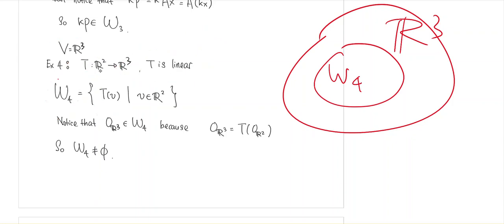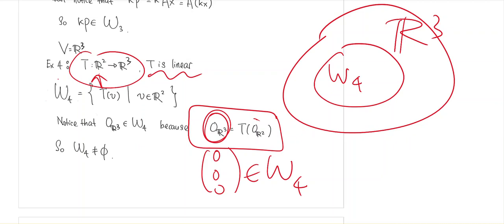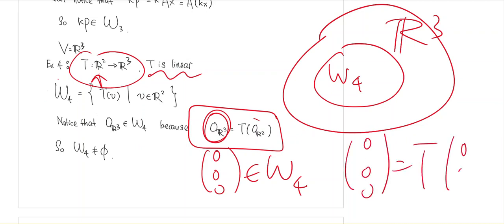Now let's see what kind of elements we know. Again, we don't know what T is, but we know T is linear. From the homework, you know that a linear transformation takes the 0 in R2 and maps it to the 0 in R3. Because of these equations, we can see that (0, 0, 0) is in W4, because (0, 0, 0) is T of (0, 0).